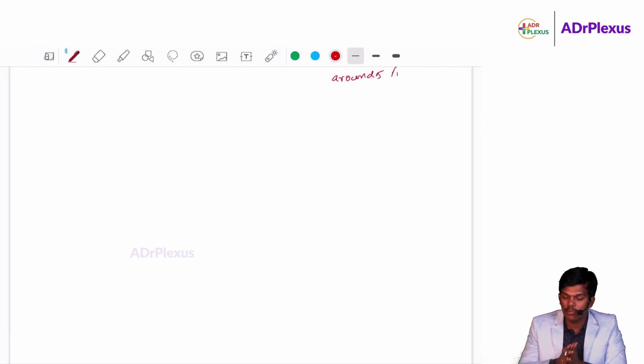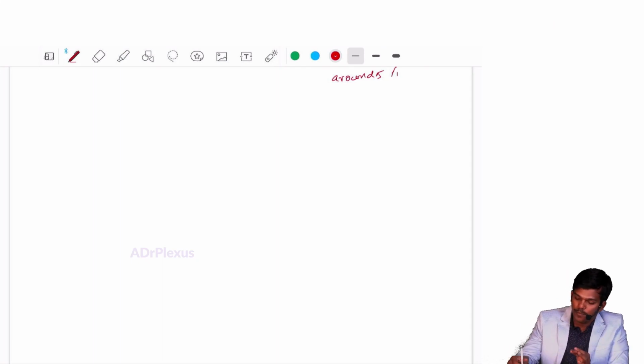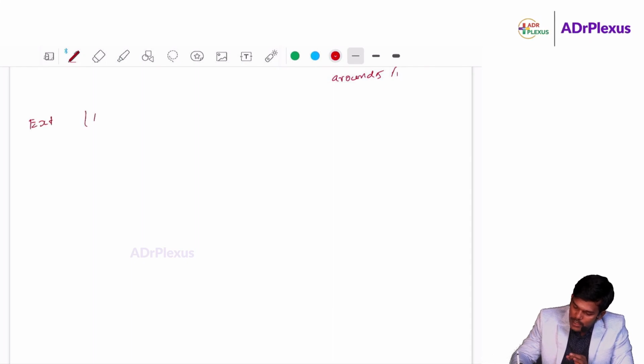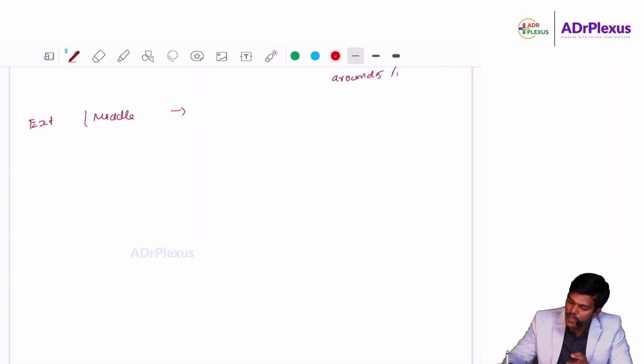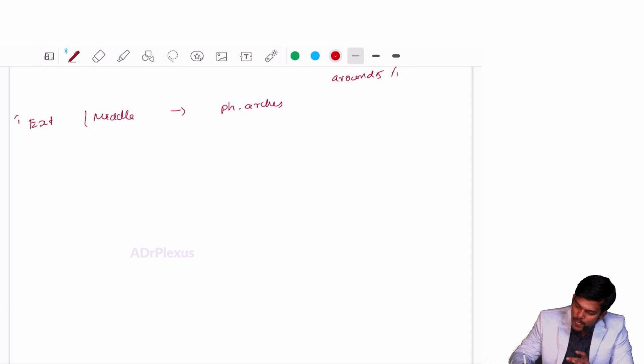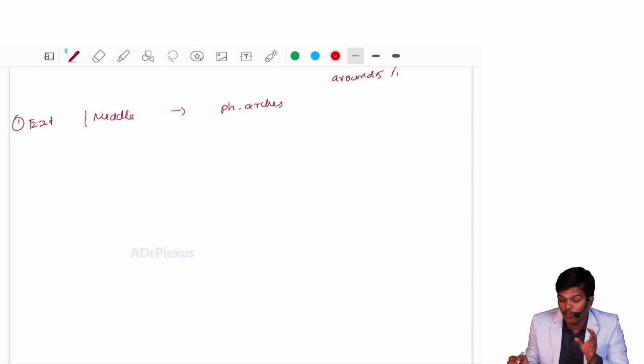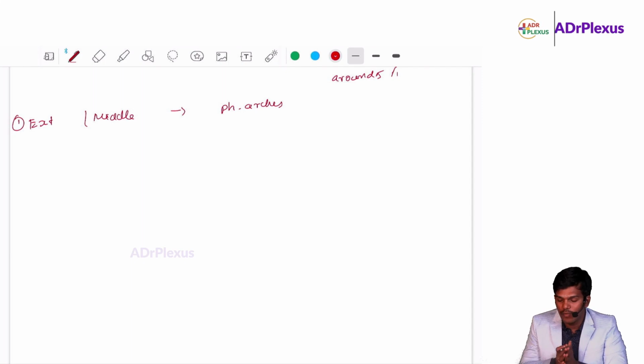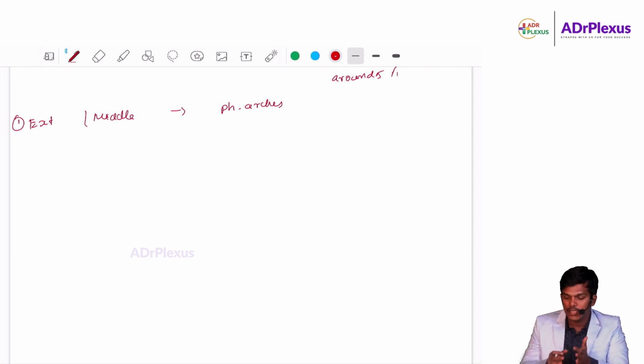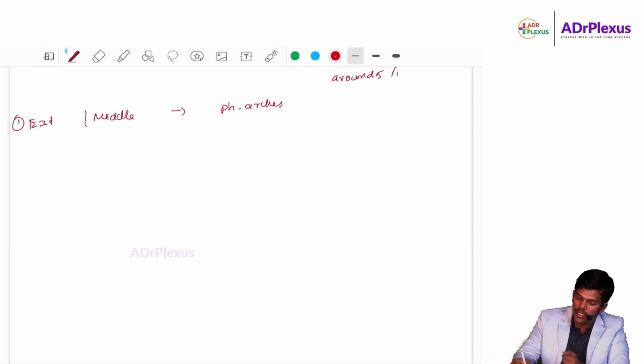That completes the discussion part for the embryology and anatomy of the ear. To brush it up, the external and middle ear form from pharyngeal arches. Mesenchyme, ectoderm, cleft, endoderm outpouching will vary. So the basic thing is the external and middle ear form from pharyngeal arches.